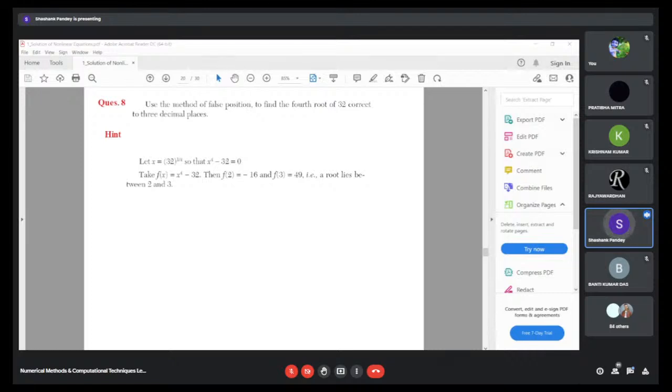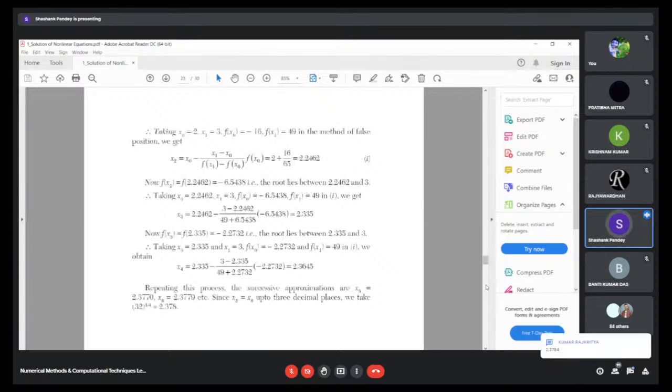Okay, so we'll look for the solution of this problem too. If you take x naught as 2 and x1 as 3, we have seen that this comes out to be a negative value, and that means it is clear that one of the roots will be lying between the interval 2 and 3.